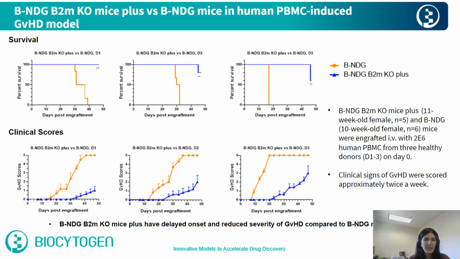So together, these data allow us to definitively conclude that the BNDG B2MKO mice have delayed onset and reduced severity of GVHD compared to the BNDG parental strain.